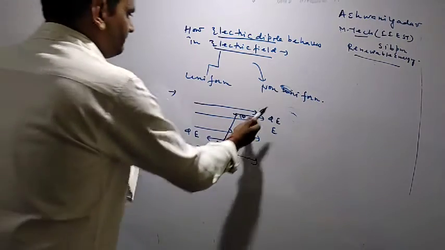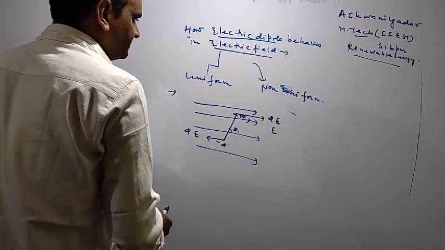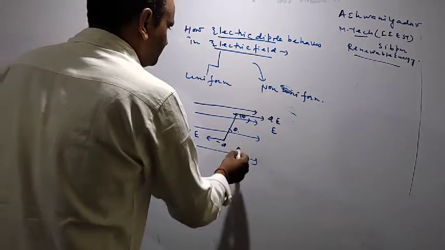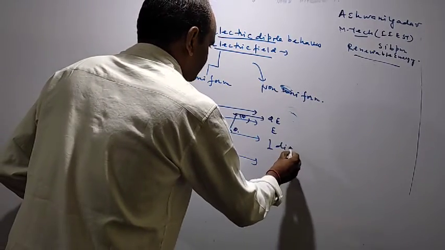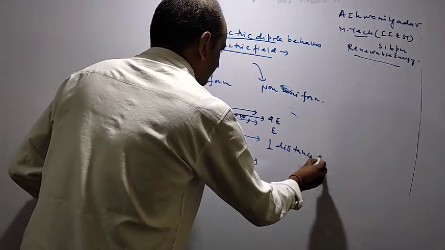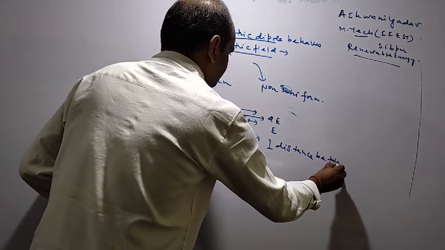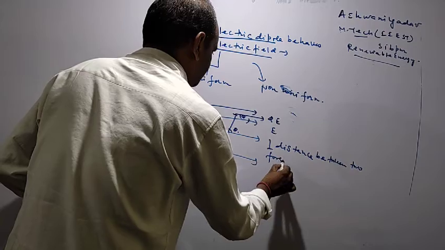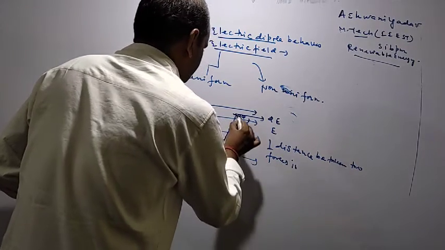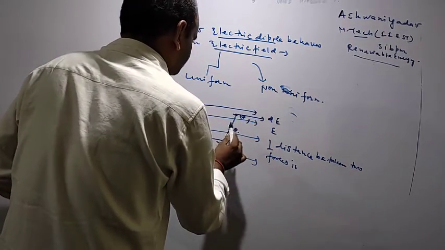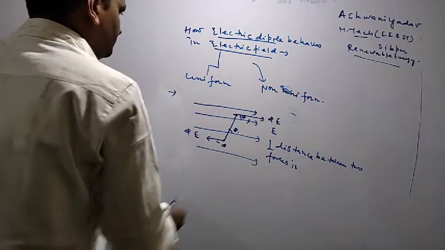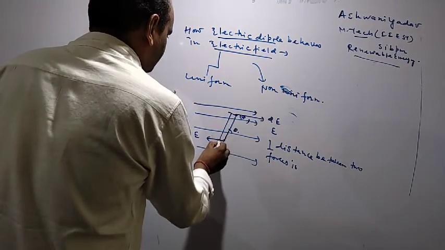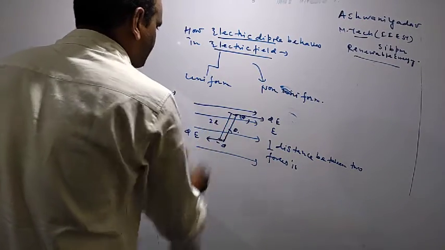Since we have two anti-parallel forces and the perpendicular distance between the two forces, suppose its length is 2L.